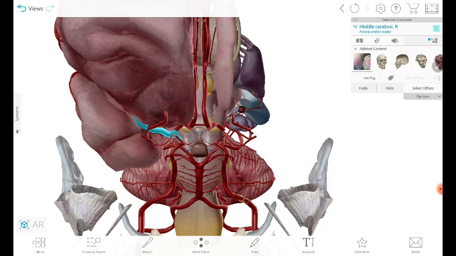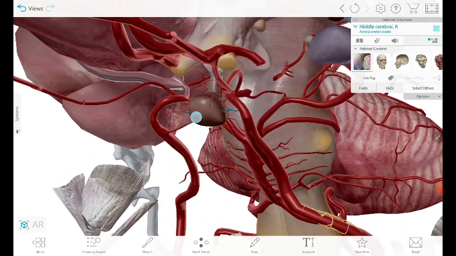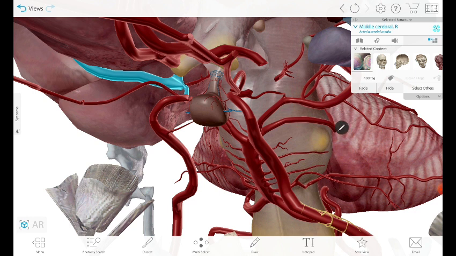So this here is the middle cerebral artery. I'll rotate this model so you can clearly see that. So this was the internal carotid system, these were the anterior cerebral arteries, and these are the middle cerebral arteries.